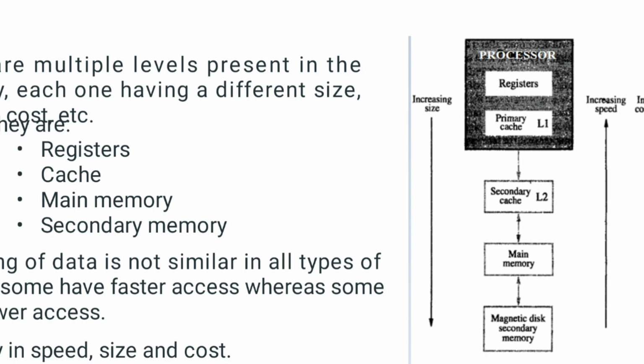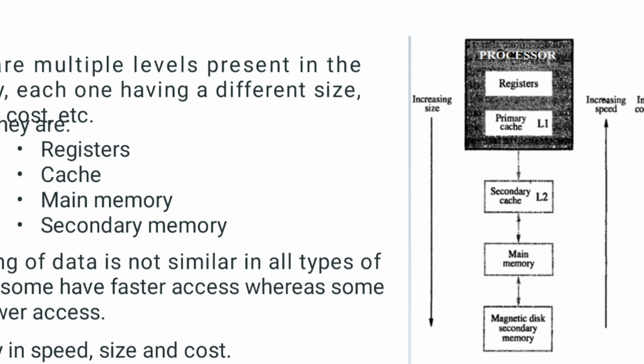Cost also decreases. Hence more size of memory for the same cost can be made available. That is what these three arrows are telling. The first arrow, increasing size, is downward. As we move from register to cache, main memory and then hard disk, size can be increased. But when we move from hard disk to main memory, then secondary cache, primary cache and register, the speed is increased.